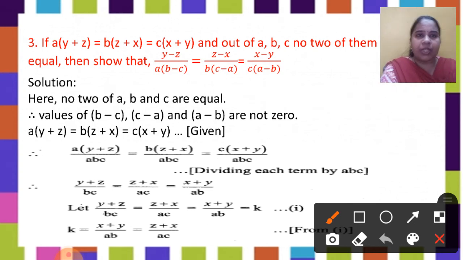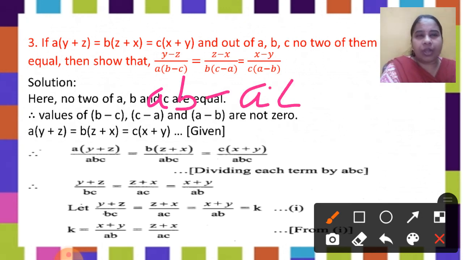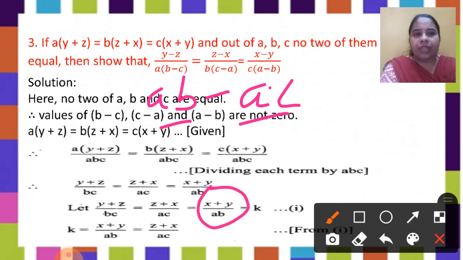Now how to proceed? Go back to the question. In the denominator, with a pencil you can open this bracket for your convenience. It is not compulsory, it is a clue or a hint which I am giving you. Open this bracket. You get it as ab minus ac. Now seeing this, I will take only those ratios which have this in the denominator. See this one, ab is here.